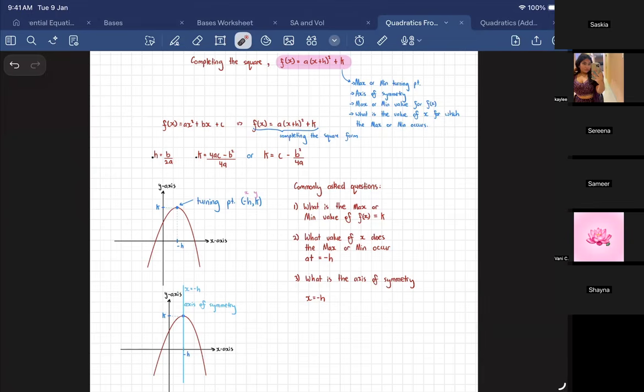What value would make this bracket 0? In the bracket you have x plus h. What value for x would make that bracket turn to 0? Minus h. Yes. And that is why we just say minus h comma k, because at minus h you get the maximum value or the minimum value. You understand? Yes, sir.